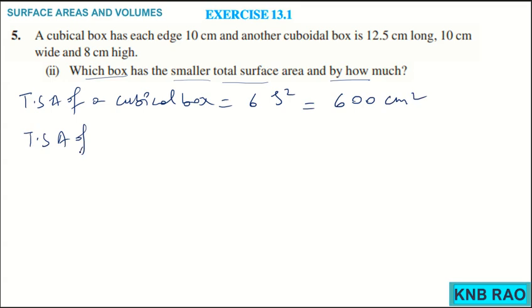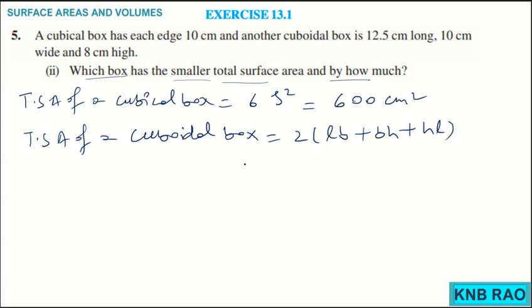Total surface area of a cuboidal box is 2 times of LB plus BH plus HL, which is nothing but 2 times of LB, 12.5 into 10 is 125, BH 10 into 8 is 80, and HL 12.5 into 8 is again 100.